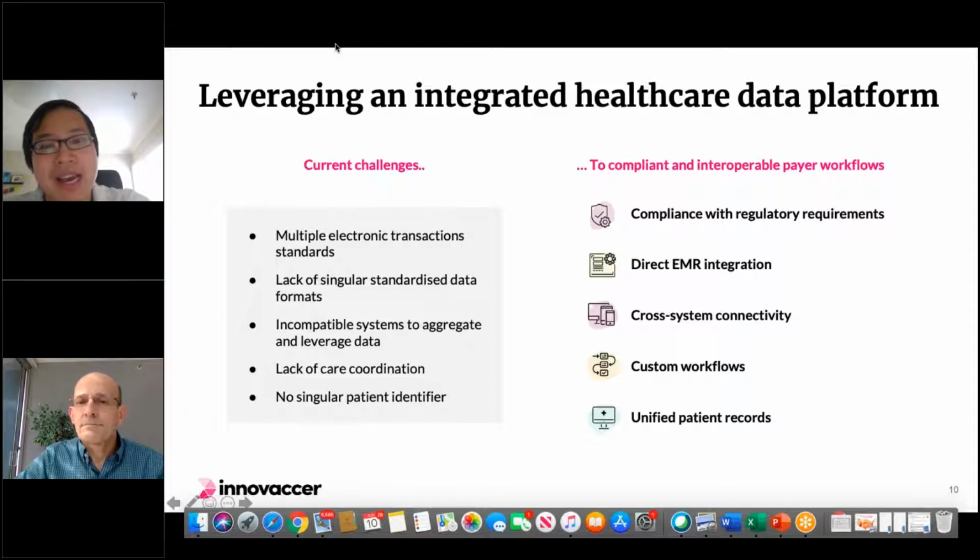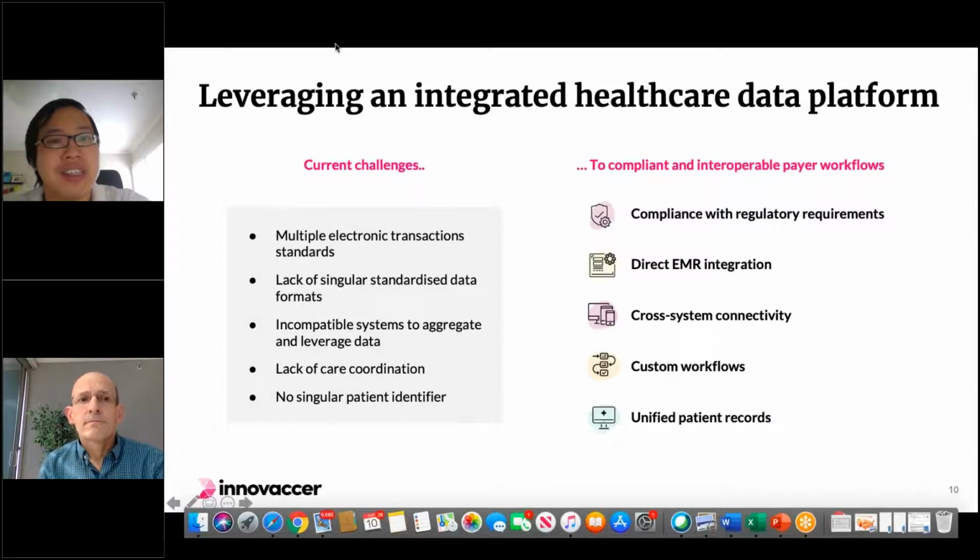But if you take a step back, there's also a much greater opportunity and need when it comes to broader interoperability that David referenced earlier. And compliance is just one component of that. The way we've seen the industry move is that there's a recognition that, first, the clinical data is really important for payers.